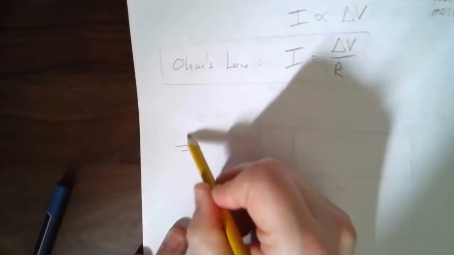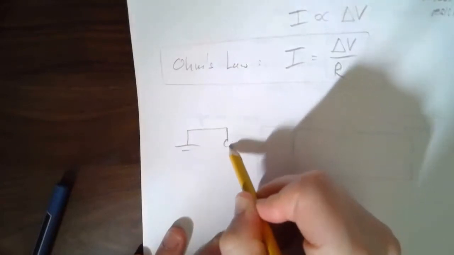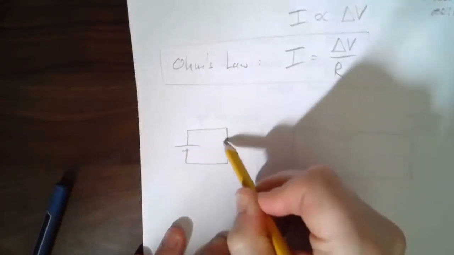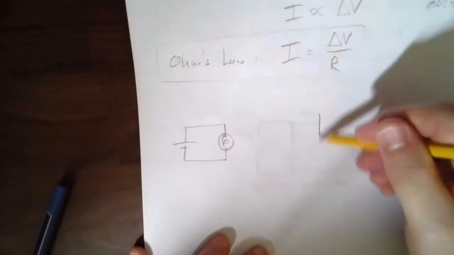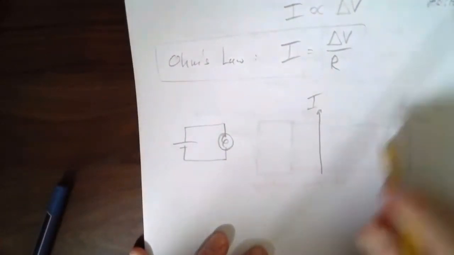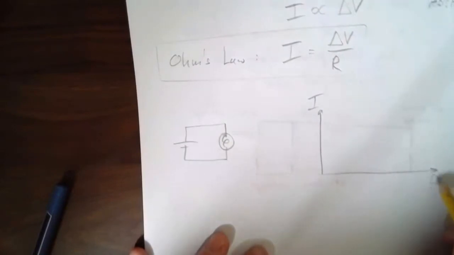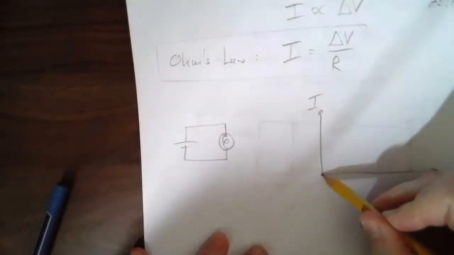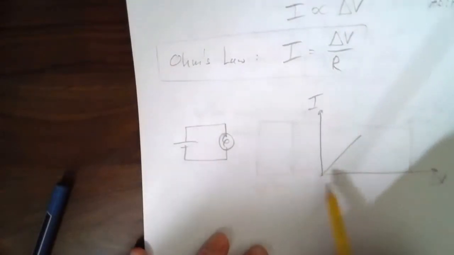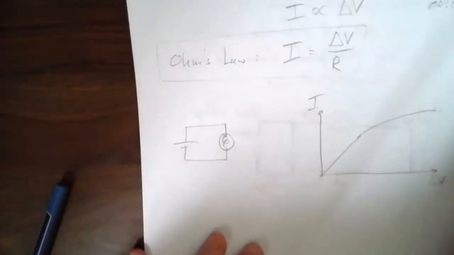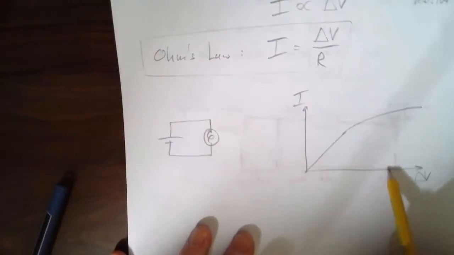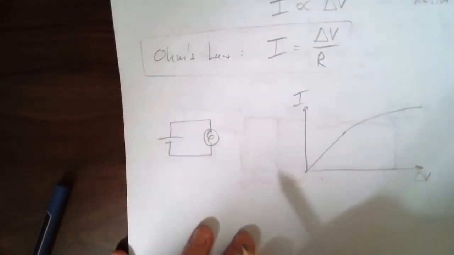If you've got a light bulb, but this was a resistor here. If you've got a similar situation where you've got a light bulb, and I'm not going to draw the voltmeter, pretend we can just measure the voltage. It looks kind of the same. So it sort of starts out the same, but as you increase the voltage more and more, it actually flattens off. So what that's telling you is that you need more and more voltage to get an increase in current.